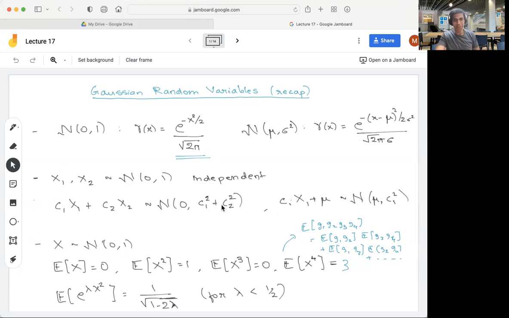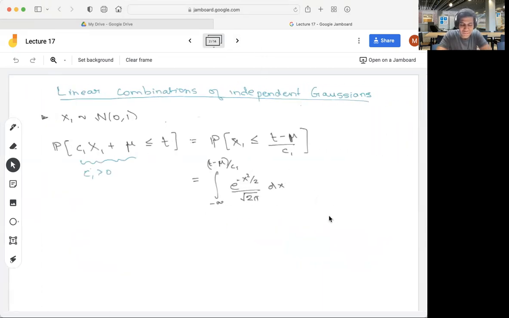And this, as we kind of said last time, is basically just a change of variable, and we can do this formally. So we want to, let's say, call this random variable z, which is just C1 x1 plus mu.